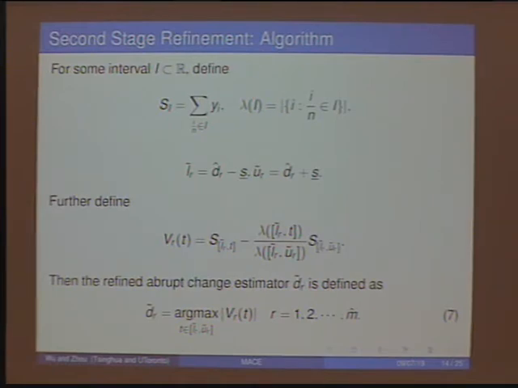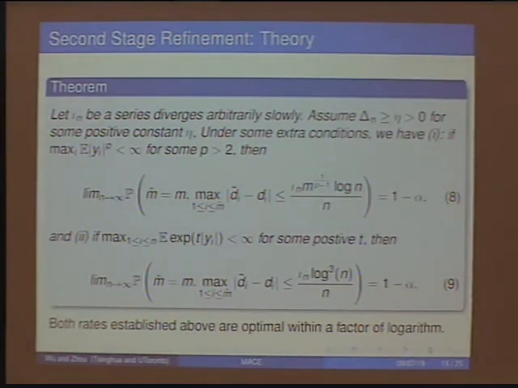Okay? So it turns out that if you do the second stage refinement, the probability of estimating m hat equal to m, so the number of change points is accurate, and each change point is within this range of the true change point, will go to 1 minus alpha.